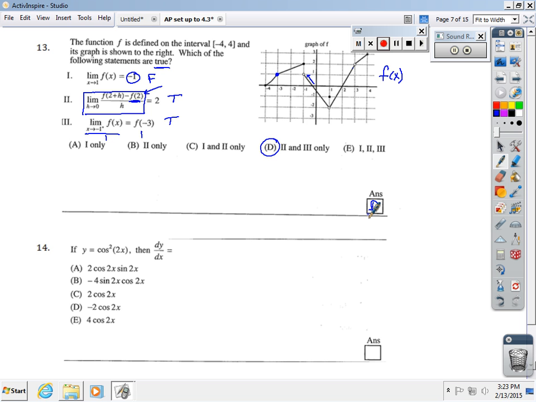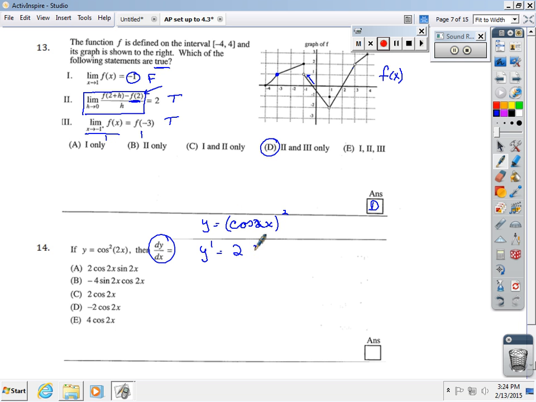Okay, next one, just a simple derivative chain rule. So y prime, which is equivalent to dy dx, is equal to. Actually, let me rewrite this first. Cosine 2x, the quantity squared.